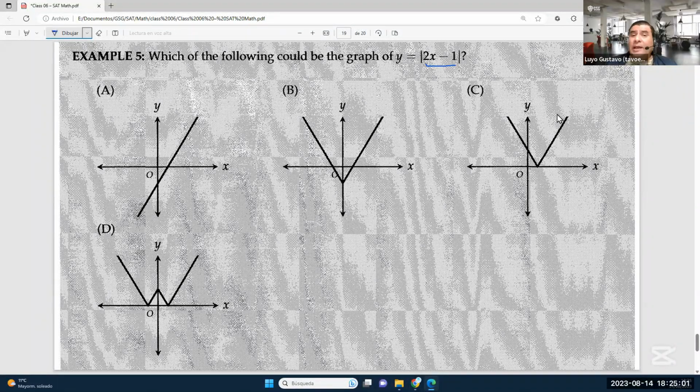It's a straight line on the plane. So if we take the absolute value, the negative portion of that straight line, that is the portion of the line that goes under the horizontal axis, will have to be twisted up, right? Or flipped up.